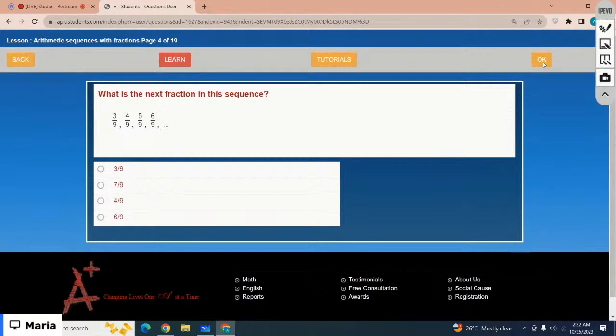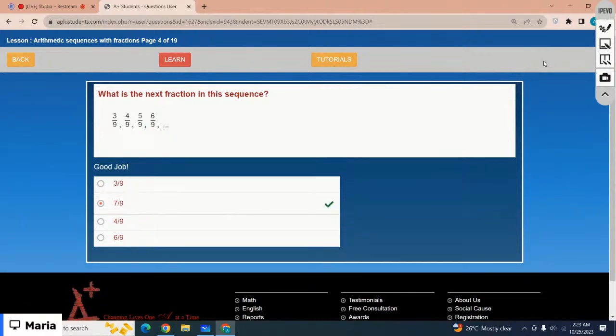The correct option is, yes, the denominators are same. The numerators are increasing by 1. Very good. That would be 7 over 9.